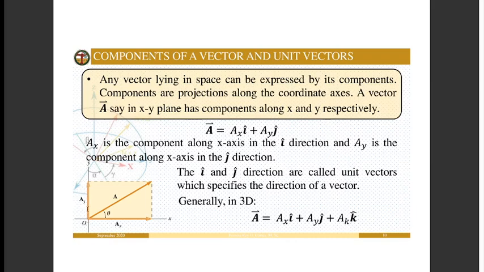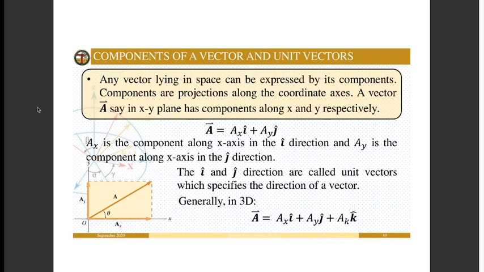So this is the value of A if we project it on the y-axis. Now, the projection of vector A towards the x-axis is actually your Ax. So this is the value of A if we project it on the x-axis. Okay?